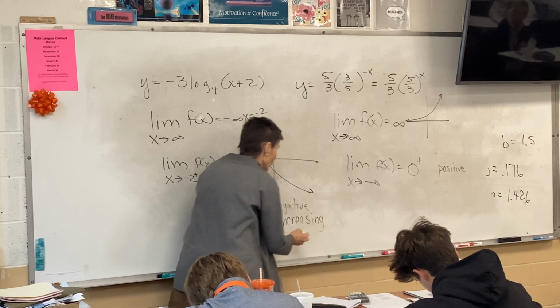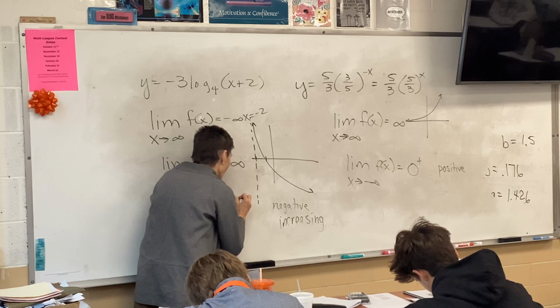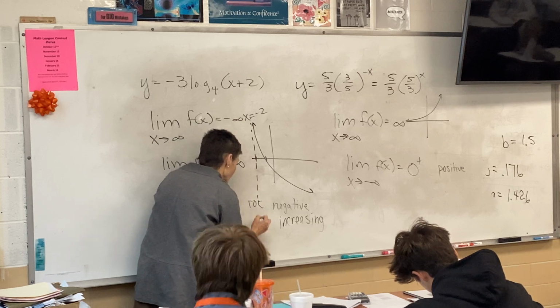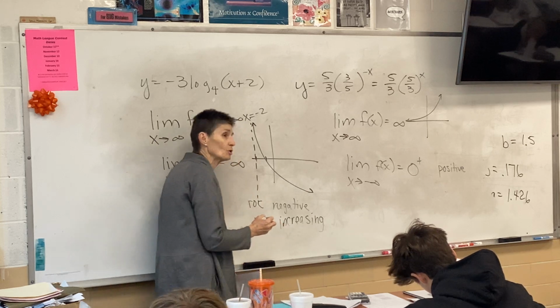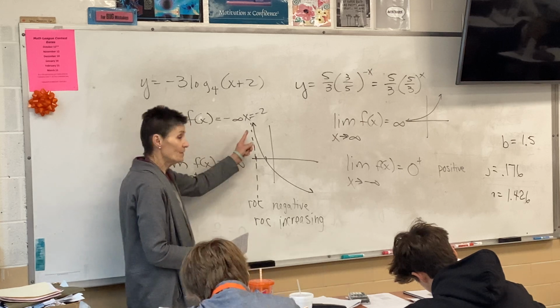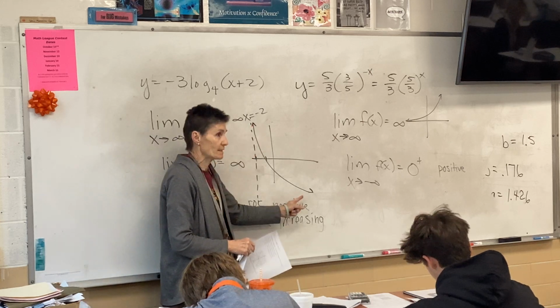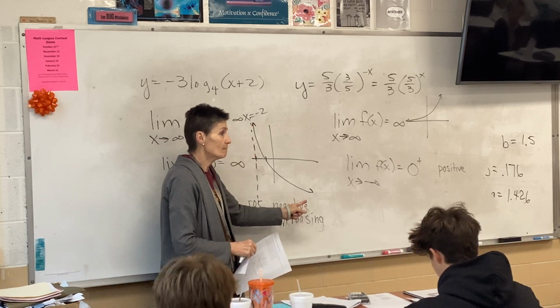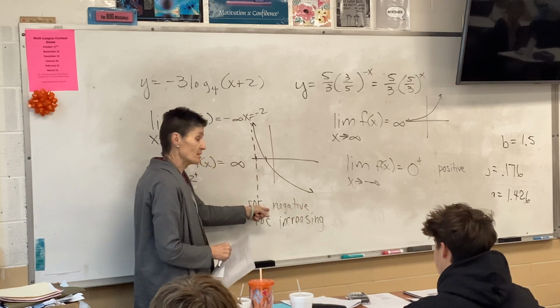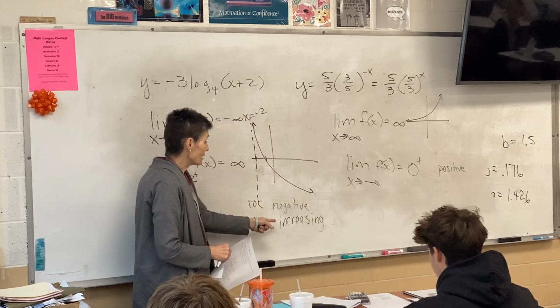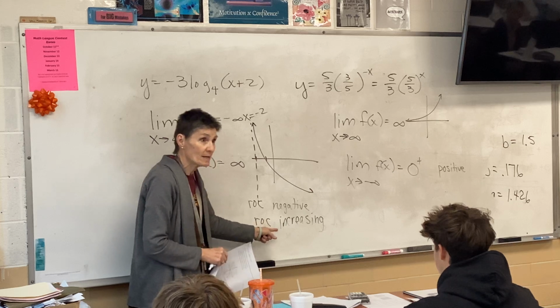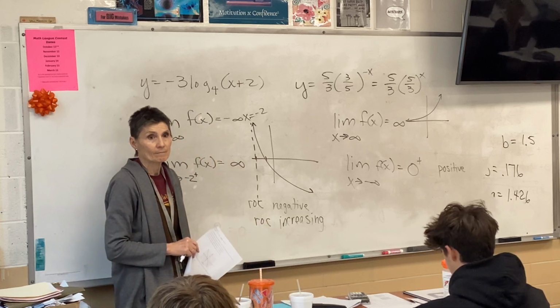Now make sure you're clear in your notes. I'm talking about the rate of change here. I'm not talking about the curve itself. This curve is decreasing. Okay? That's why the slope is negative. But the rate of change is increasing.